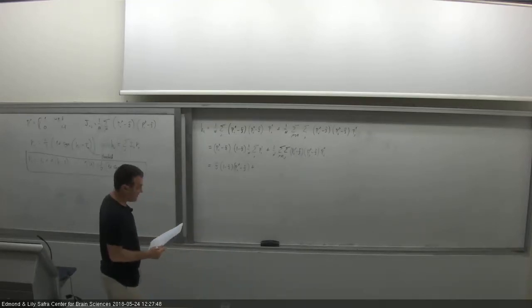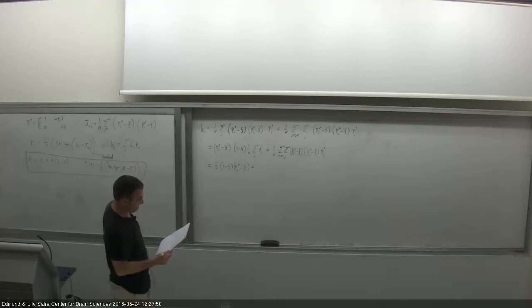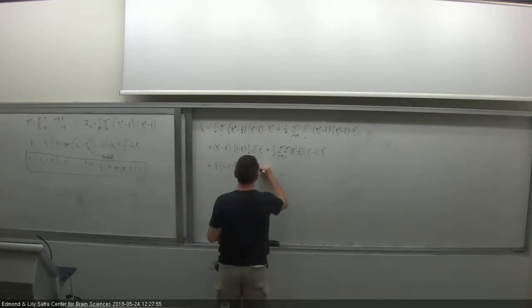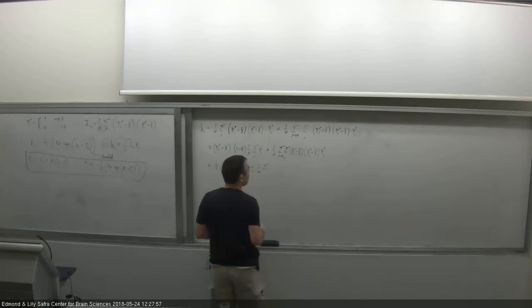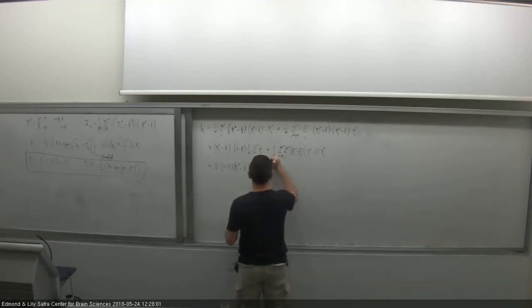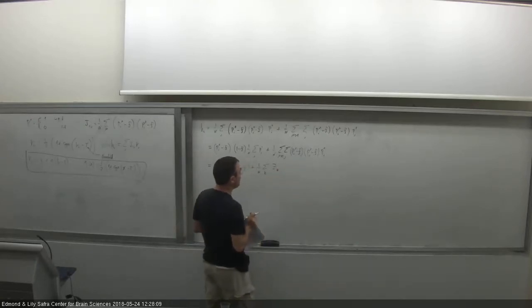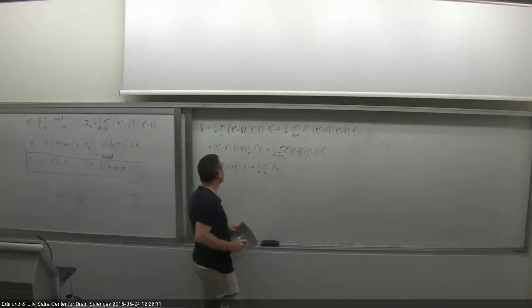Okay, what about the second term? As before, we can write the second term as 1 over n, the sum over k of zk. This would be the contribution of all these terms. How many elements do we have here?